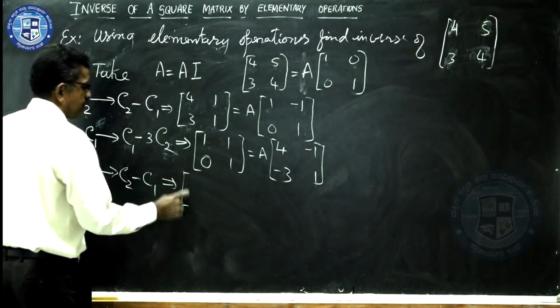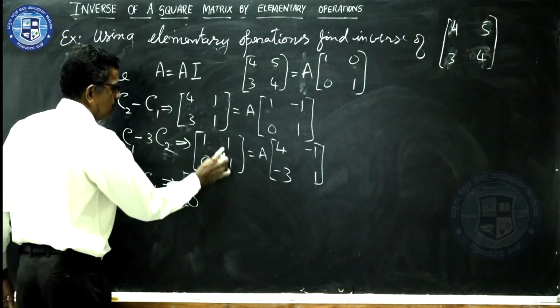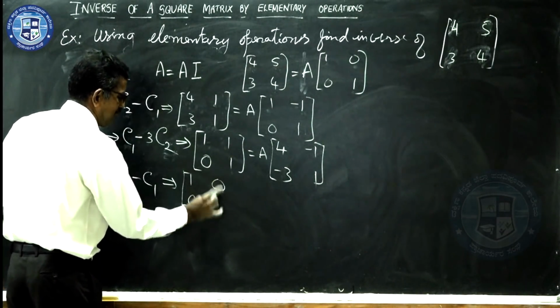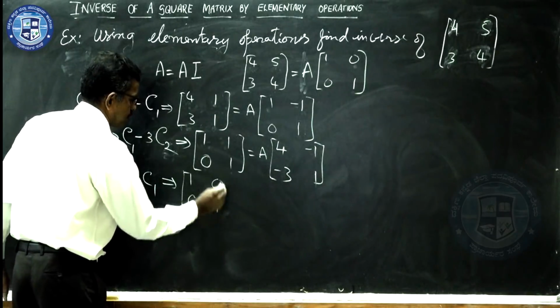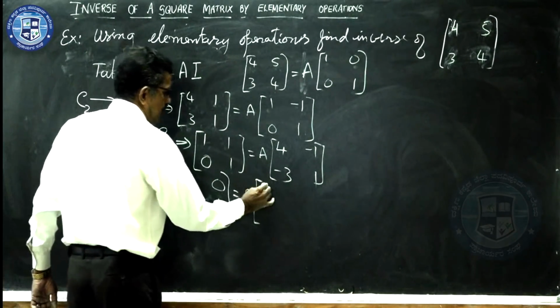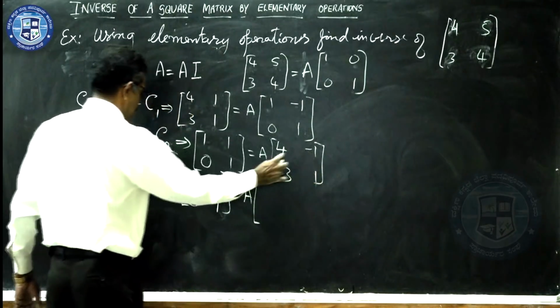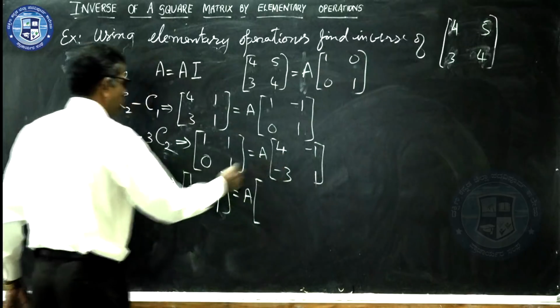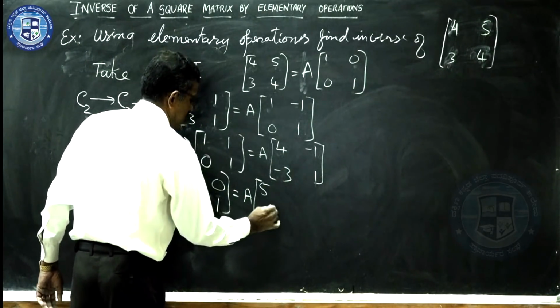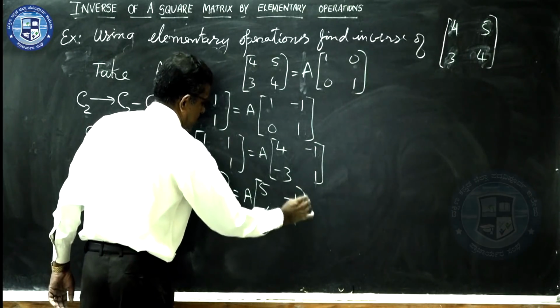This gives actually 1 0, this minus this one. What is 1 minus 1? 0. 1 minus 0, 1. That is equal to A into, it is this minus this one. What is 4 minus of minus 1? It is 5. Minus 3 minus 1, it is minus 4. Minus 1, 1.